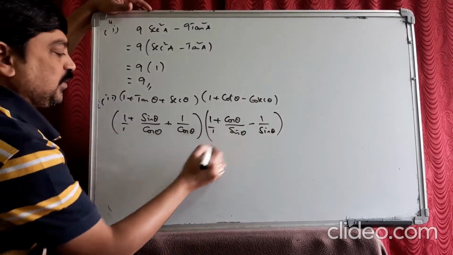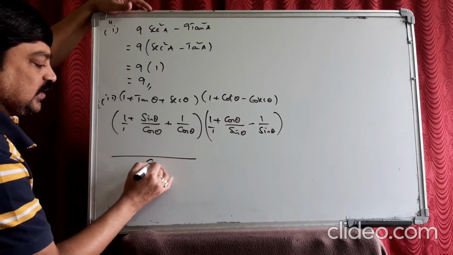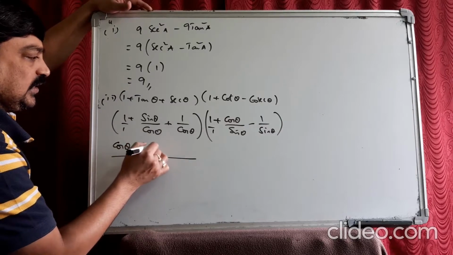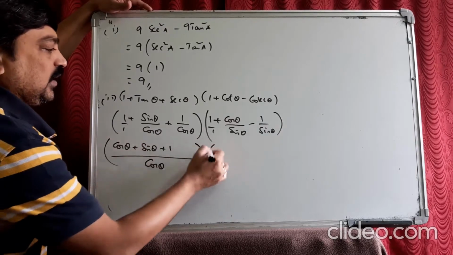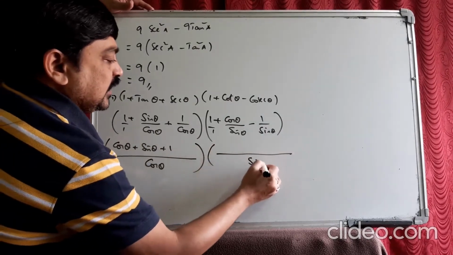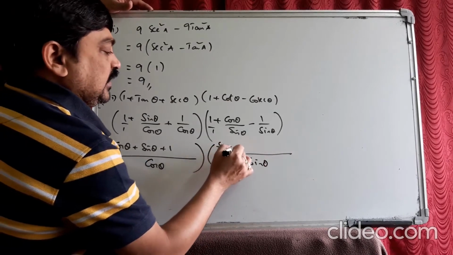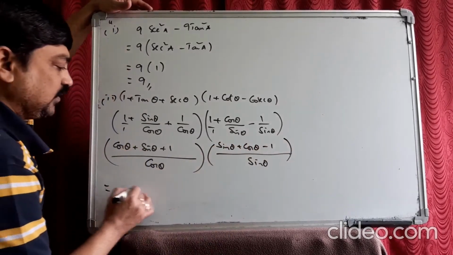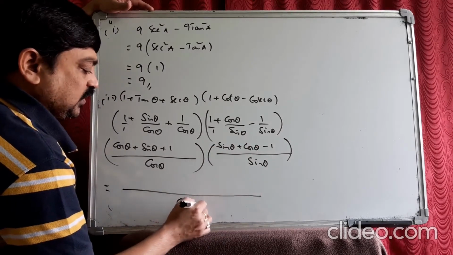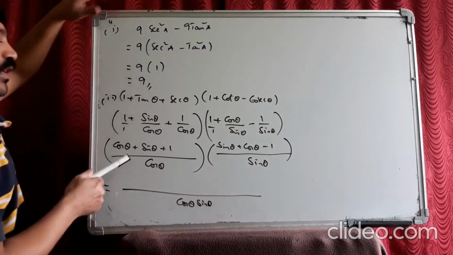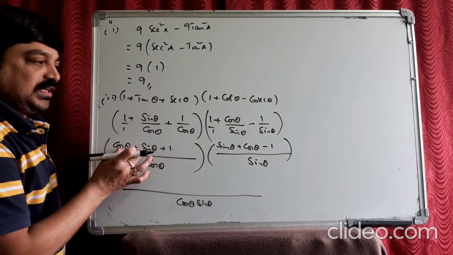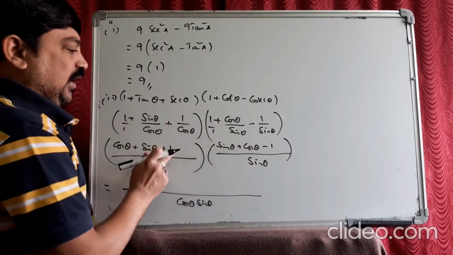When I take LCM in both the brackets, here it is cos theta, you get cos theta plus sin theta plus 1. And here the LCM is sin theta, you get sin theta plus cos theta minus 1. The denominator becomes cos theta into sin theta. When you see the numerator, it looks like cos theta plus sin theta, you take it as A and 1 as B.